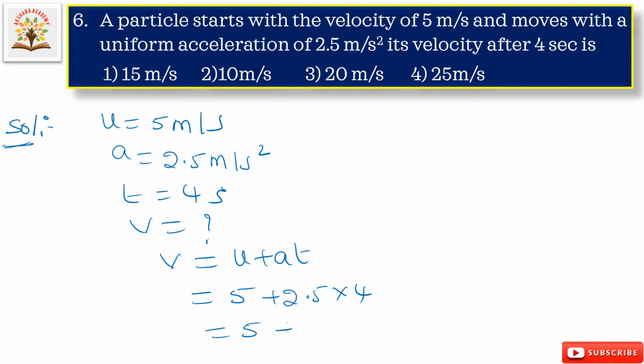So 5 plus 2.5 into 4, 10. 10 plus 5, 15. So therefore the final velocity v is equals to 15 meters per second. Okay, next we will go to the next.